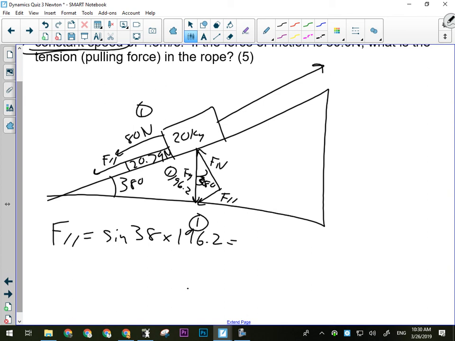Okay, so if I am looking for the force applied, or the tension in the rope, force applied plus F parallel plus the force of friction equals the net force, which is 0. Okay, so that's what we've got.